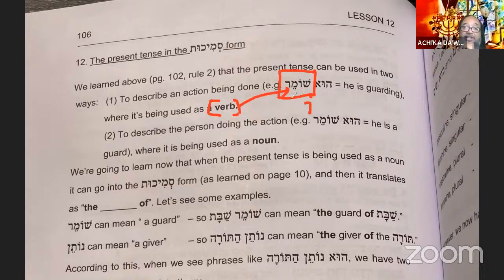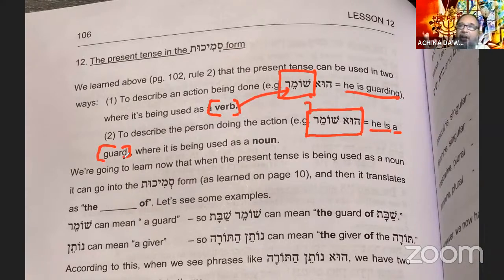Meaning you can also say that he is a guard. So when you say who's shomer, you could say he is guarding. But also, as we learned earlier in our lesson last week, it's also he is a guard. It could describe what the person is as a noun. It's not really tricky, because you know that the person is guarding.